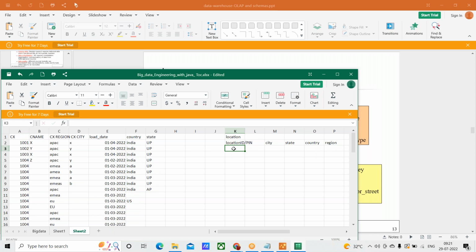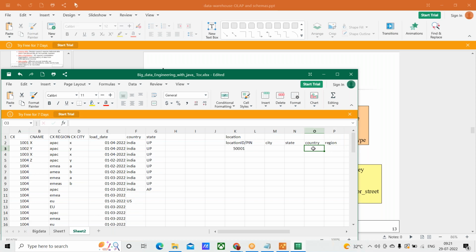So here we are avoiding the redundancy. For example, in entire India you have some 5 lakh pin codes. So the region will repeat only 5 lakh times.